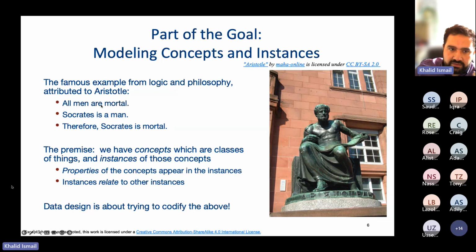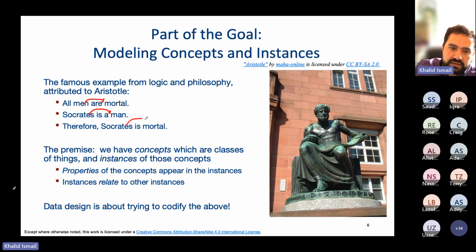So basically we have a concept or class called mortal. Mortal here is our concept or class, and men is basically part of it, or simply you can think about it as a subclass of mortal, and Socrates is an instance from the subclass.